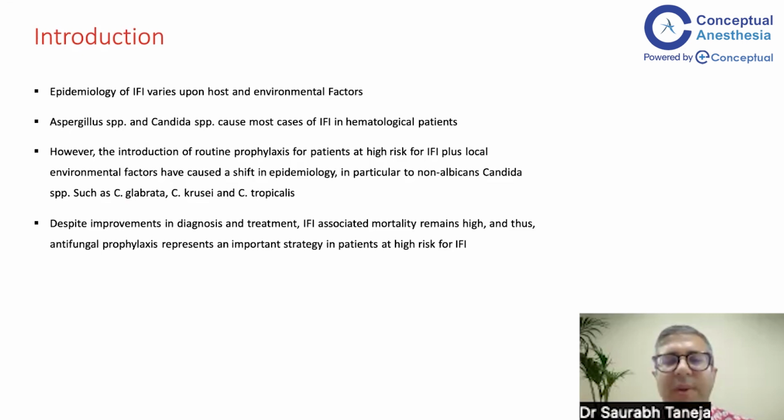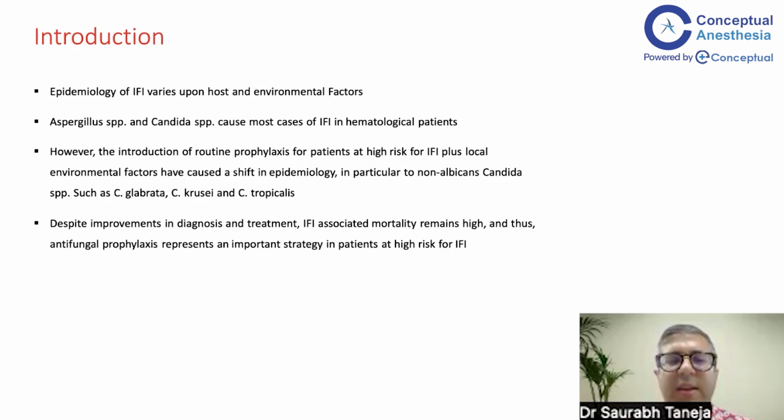Nowadays, we have moved from Candida albicans to Candida non-albicans. In almost all critical care settings, 2 decades back, Candida albicans was the most common. Over the last 2 decades, we moved from Candida albicans to Candida non-albicans.